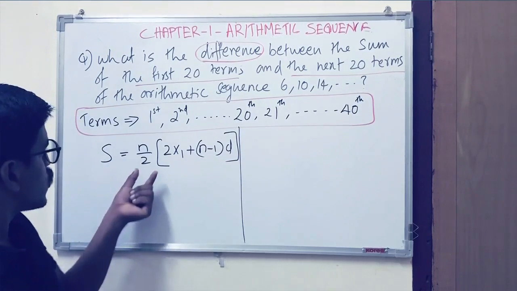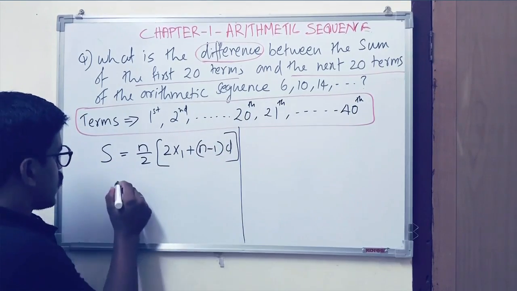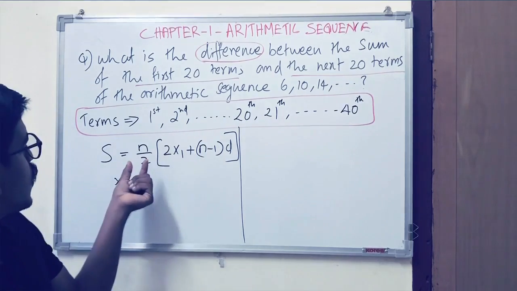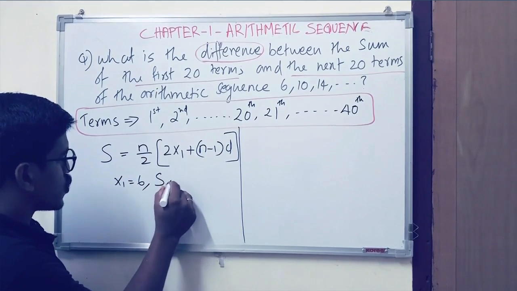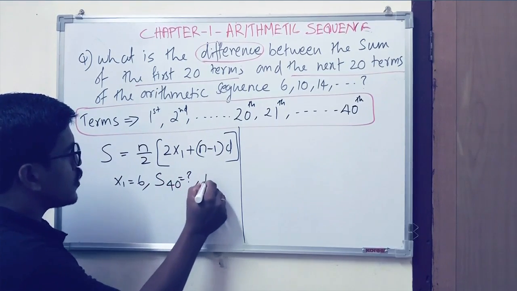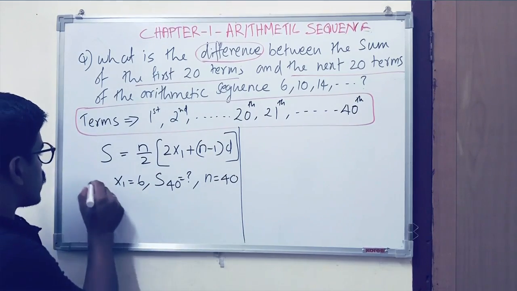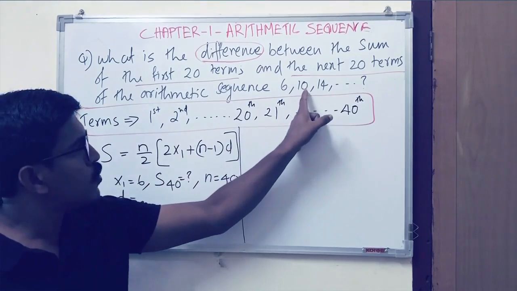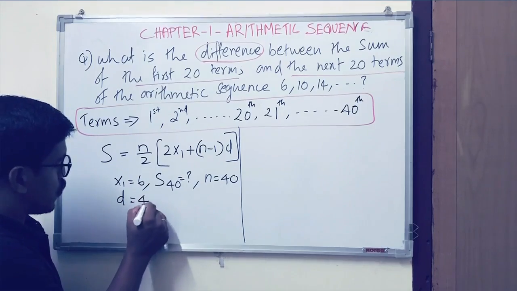Here the first term x1 is 6, and we are going to find s40, so n is 40. And d is 6 plus 4, 10, 10 plus 4, 14. So the common difference here is 4.